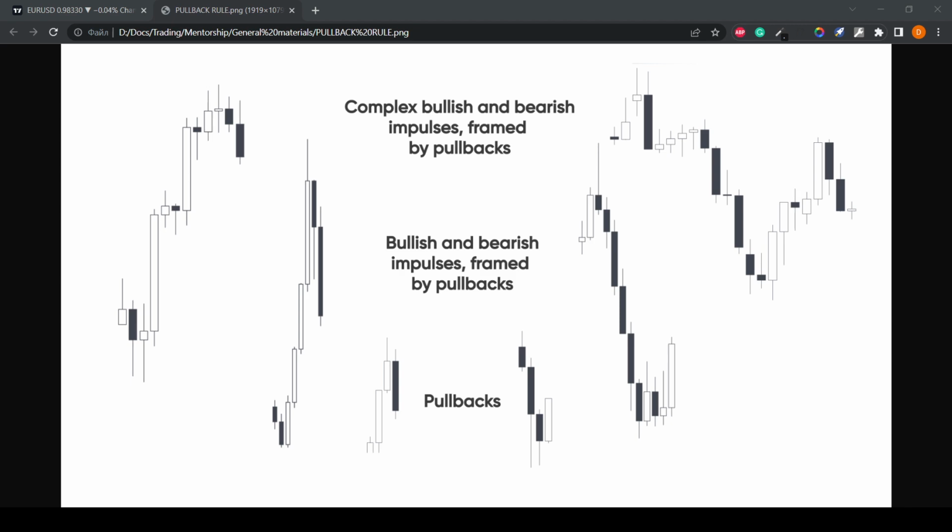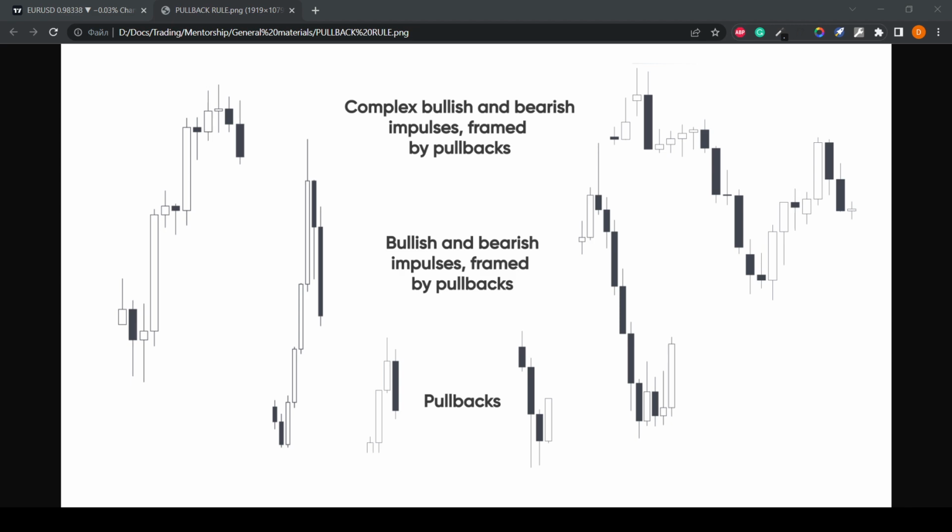That first time from the beginning of this impulse, a candle closed below the previous candle. And for us, it will be enough to separate. So if the market after this will do something like this, we will say that this is my impulse number 1, this is my impulse number 2.